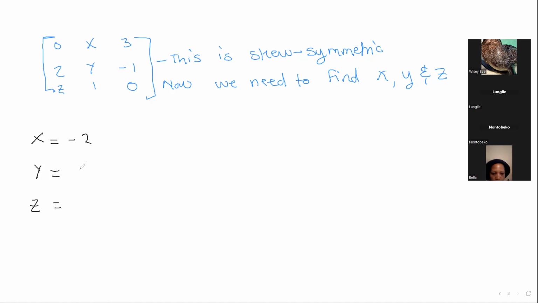It could be any real number essentially, because it's not affected. You can just put any number on the symmetry line. Yeah, that's true. You're right. And then z will be the negative of x. So in this case, it will be 2.